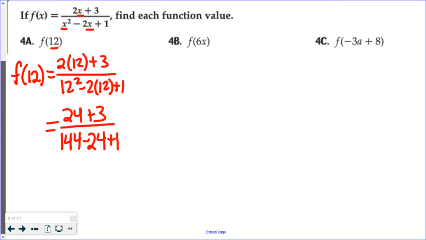And then 24 plus 3 is 27. 144 minus 24 would be 120 plus 1, so it's over 121.